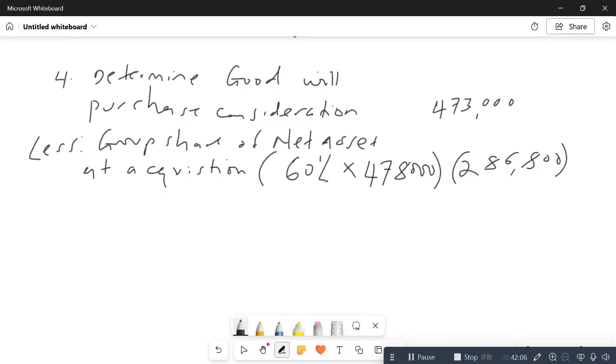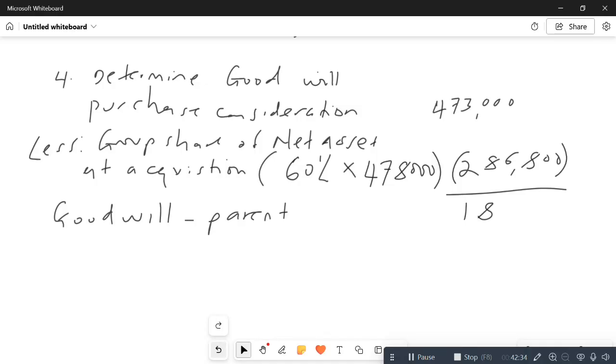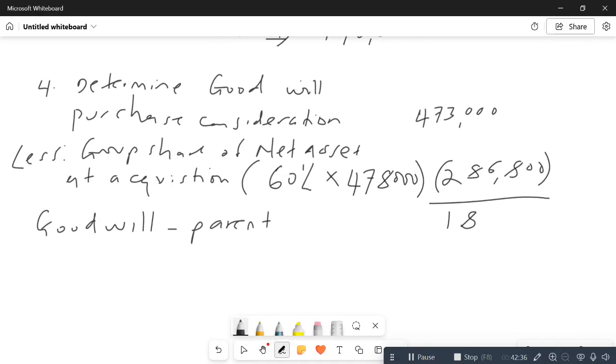Now, when you subtract, when you take purchase consideration minus group share of net assets at acquisition, what do you get? You get what you call goodwill attributable to the parent, which is 186,200.